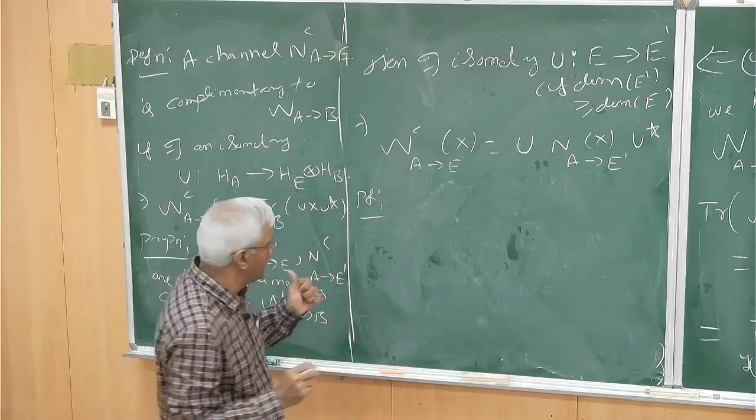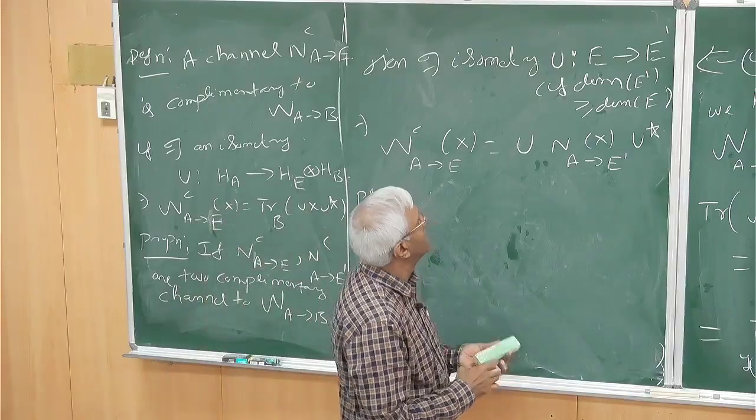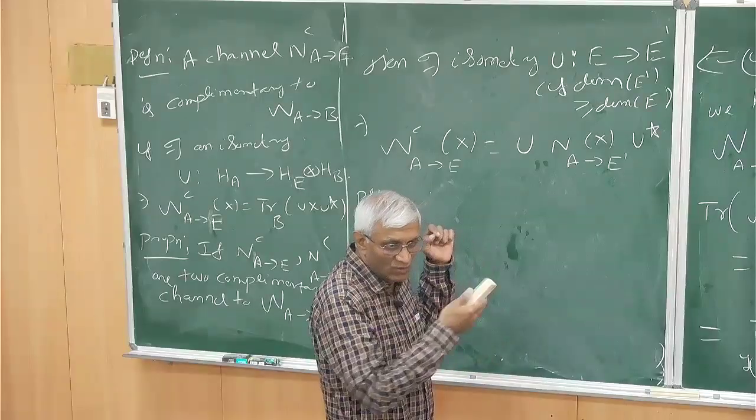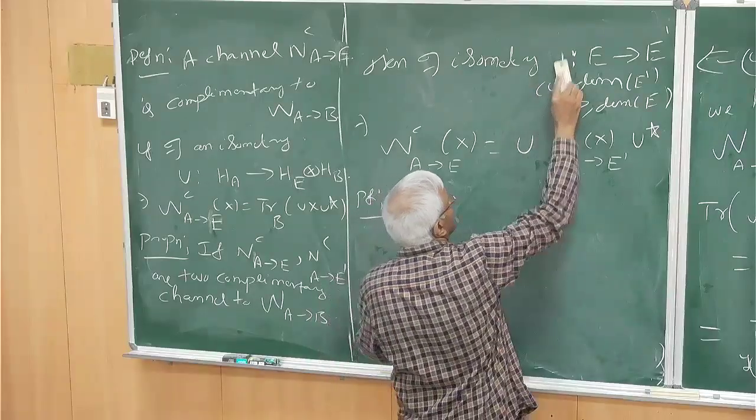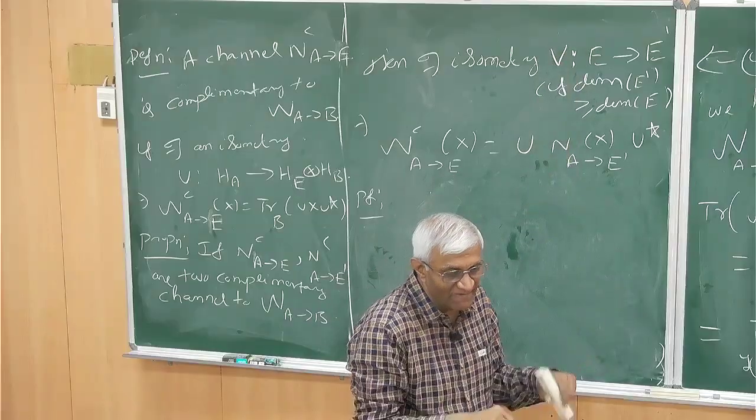We have already proved it. I'm sorry, I will change this U to V or something. We already use some U, so let's change this. There is V also, which we use for those operators, the cross operators.